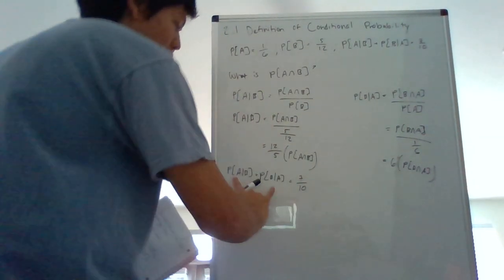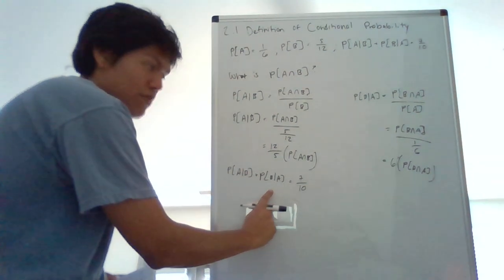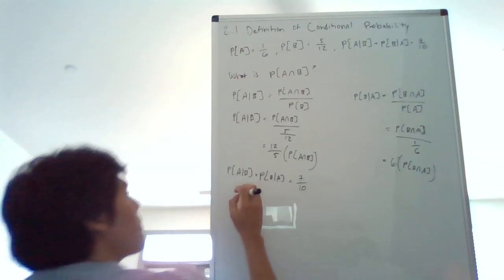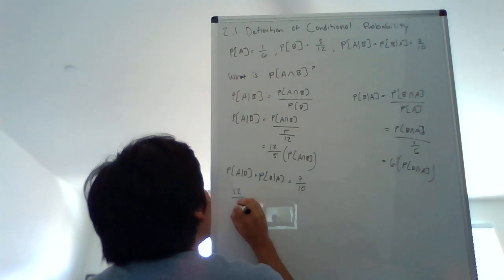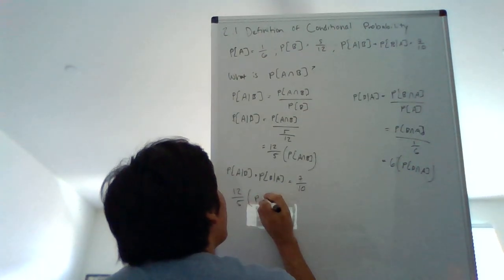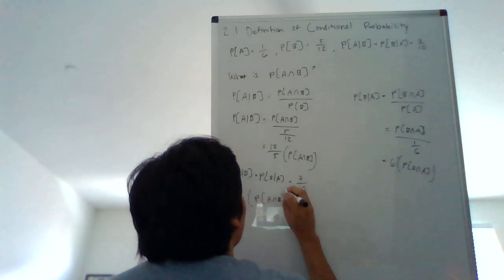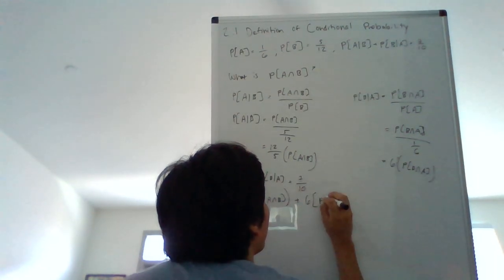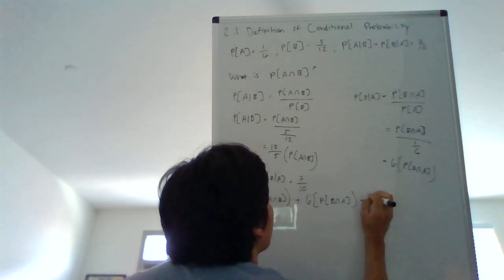Now, replacing these terms here, we get 12 over 5 times the probability of A intersect B plus 6 times the probability of B intersect A is equal to 7/10.